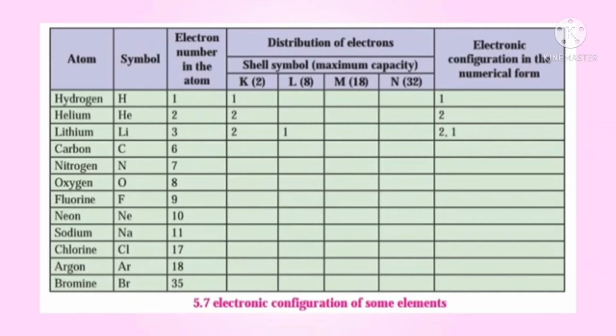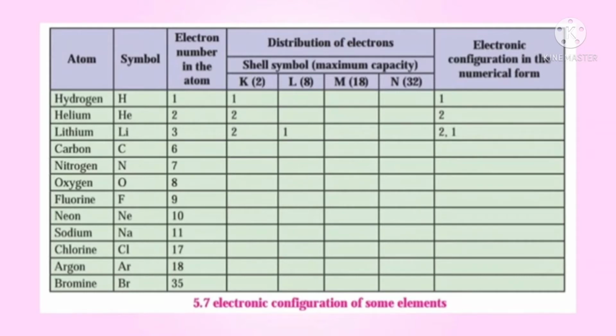First column is of atom, second column is of symbol, third column is of electron number in an atom, fourth column is of distribution of electrons, K shell-wise, L, M and N shell-wise distribution. The last column is showing electronic configuration in numerical form. So how to write electronic configuration, that we will learn here.